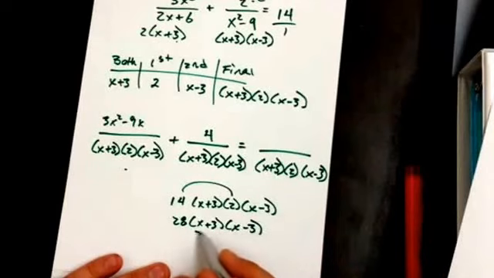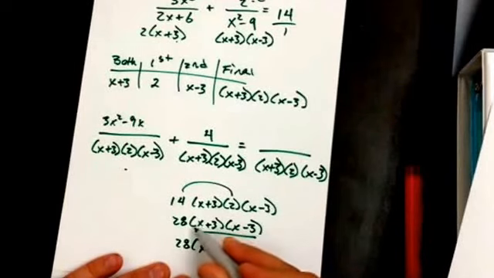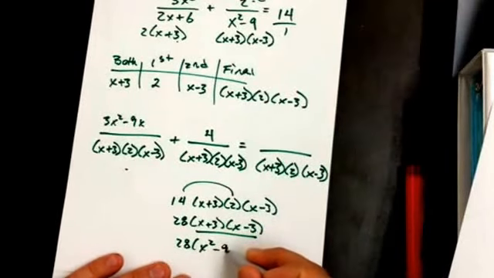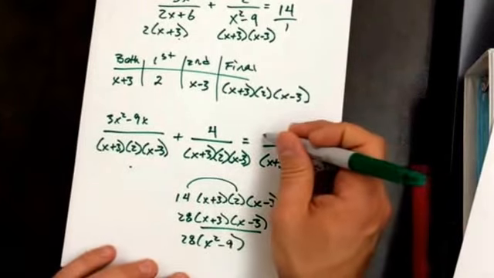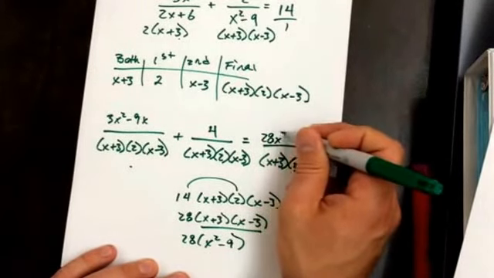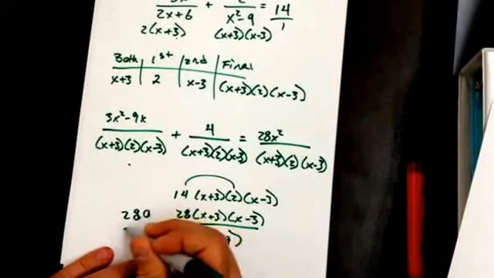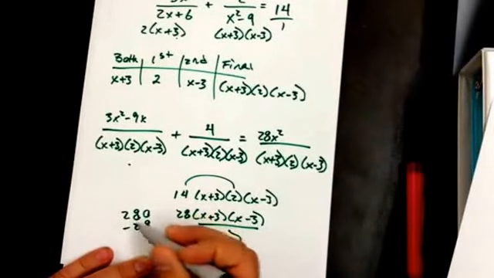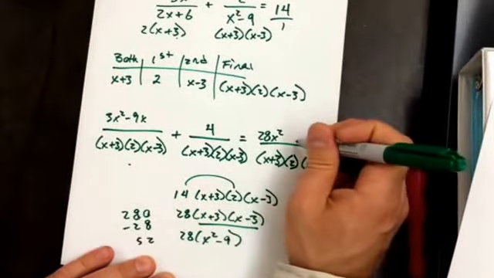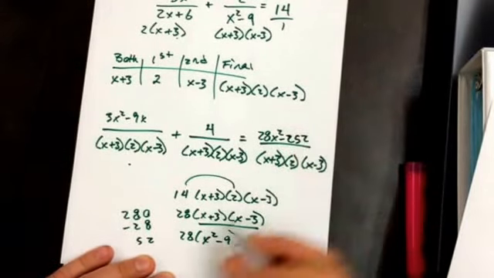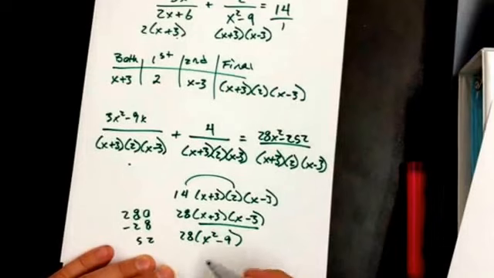I want to expand this part out, so it's going to be 28 times x squared minus 3x plus 3x is 0 minus 9. So it's going to be 28x squared minus 252, which is just 28 times negative 9.